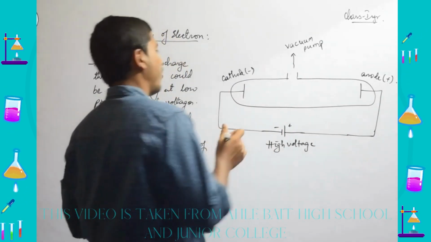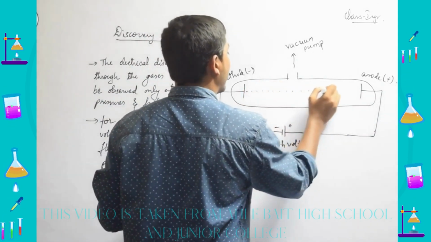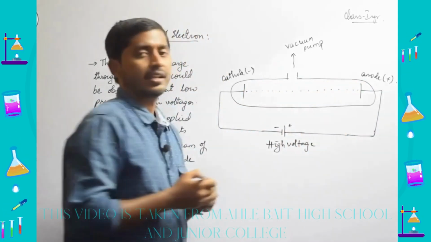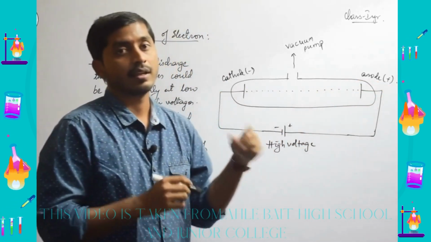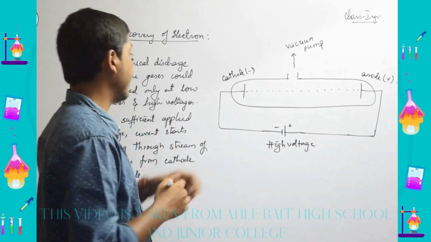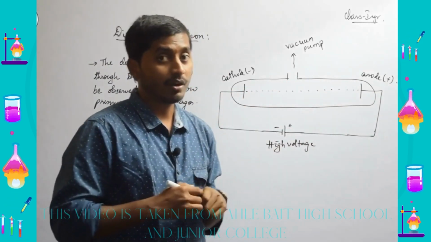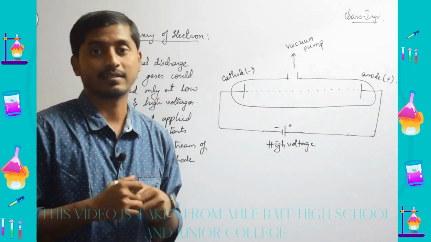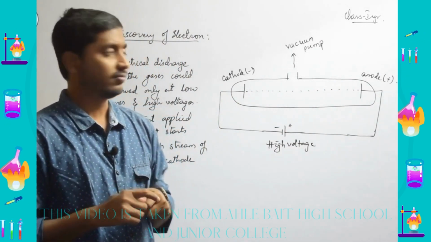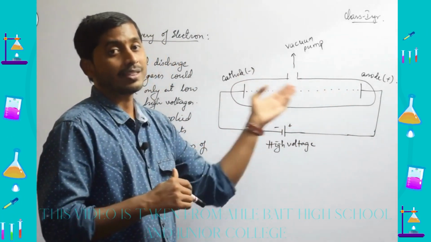Then there are a few particles moving from this side to this side. What kind of particles might they be? See here, the cathode is releasing those particles, and the particles released from the cathode to the anode can be called cathode ray particles. This ray is called the cathode ray.